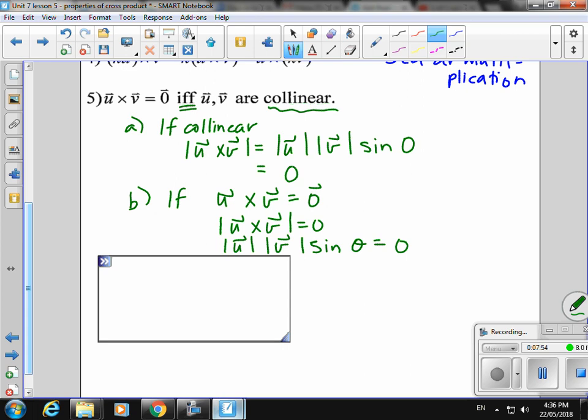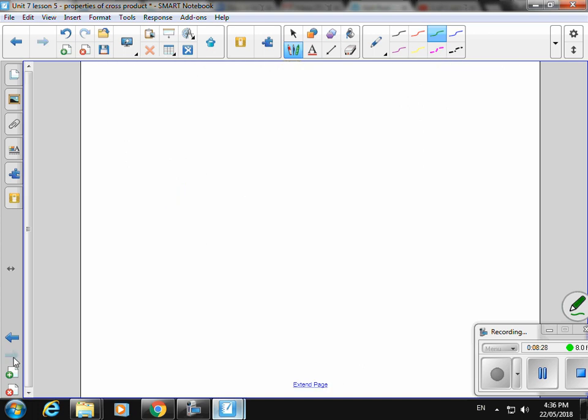And we said that these only work for two non-zero vectors, U and V. So I am saying that sine theta is 0. Well, that means that theta is 0 or 180 degrees. And so we would say that therefore they are collinear. Same or opposite direction. So this gives us a great test for collinearity, when the cross product is 0. So number 1, we can use the cross product to test for collinearity.